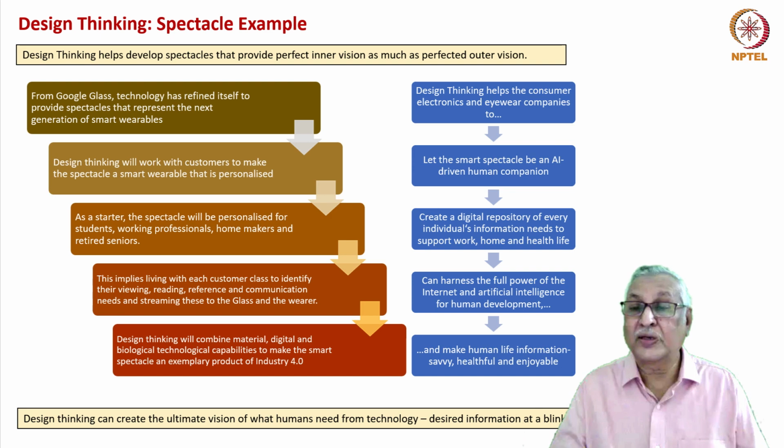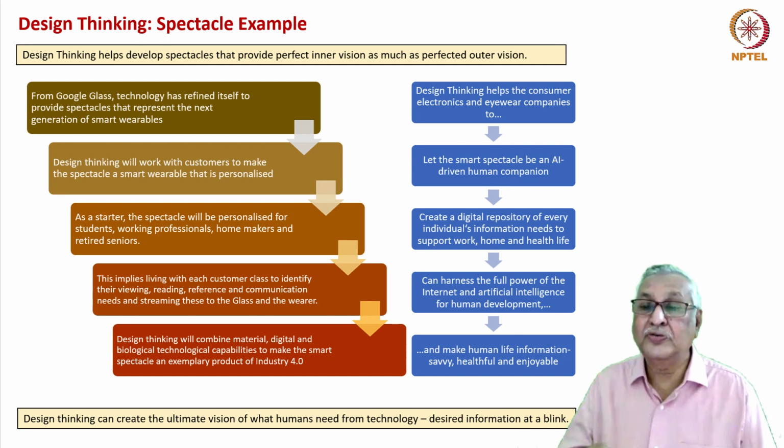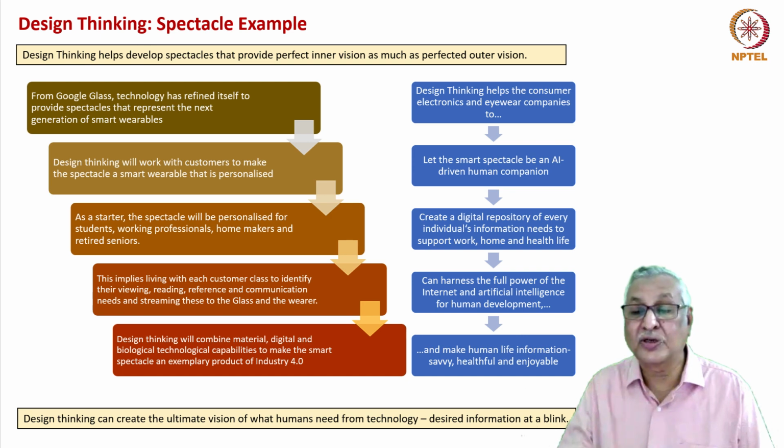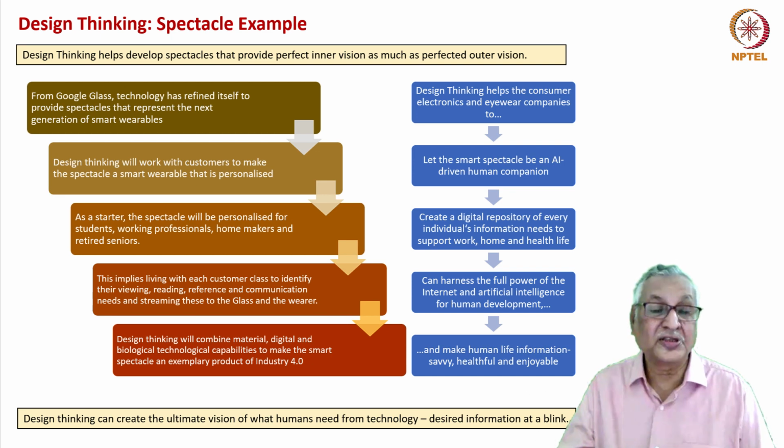Let the smart spectacle be an AI-driven human companion. Create a digital repository of every individual's information needs to support work, home, and health life, not just as the other smartphone would do. Harness the full power of internet and artificial intelligence for human development. Again, make life information savvy, healthful, and enjoyable. Design thinking can create the ultimate vision of what humans need from technology. Desired information at a blink.